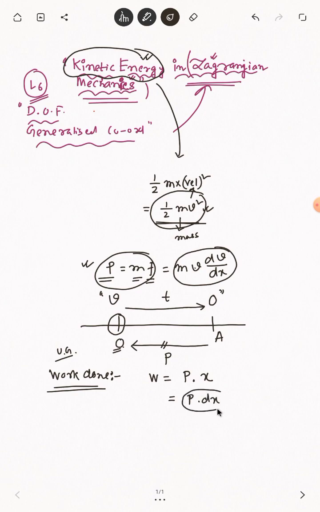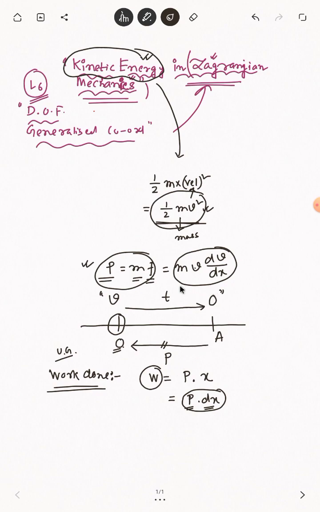This expression is extremely important. That means P, that is a force, that is vector, and another dx, that is displacement, that is also a vector. So whenever we have some displacement, there must be some work done due to that force.